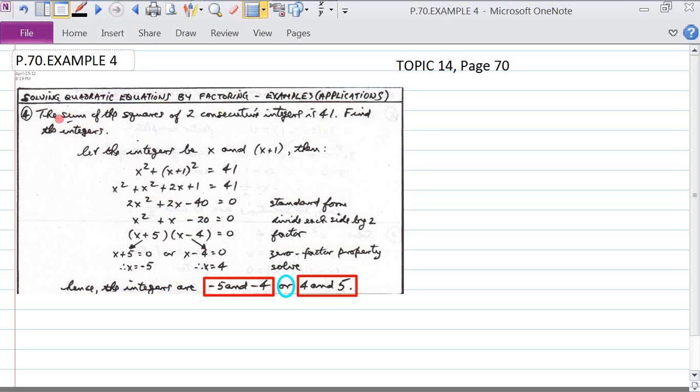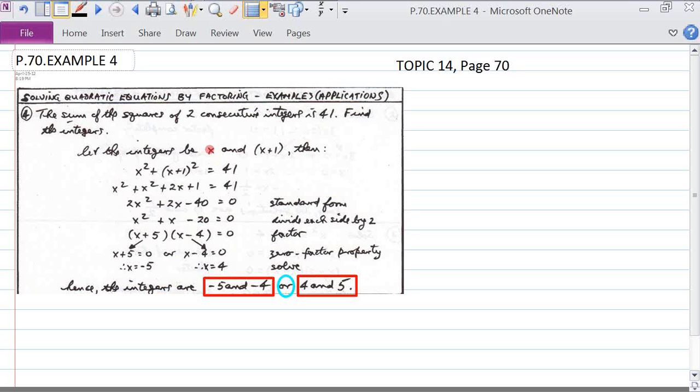And we're told here that the sum of the squares of two consecutive integers is 41. Find the integers. Now, when we say two consecutive integers, we're talking about whole numbers. So 4 and 5 would be consecutive integers. 22 and 23 would be consecutive integers.